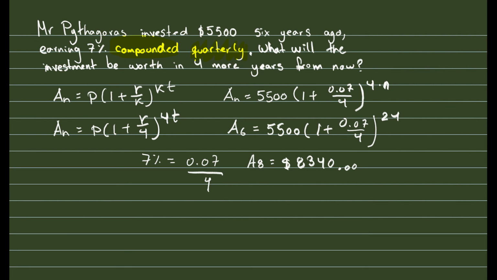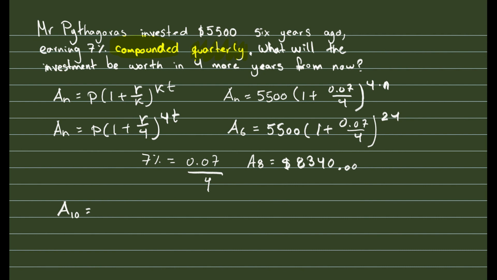But that is how much it's worth right now, if we invested it 6 years ago. If they want us to tell them how much it would be worth in 4 more years from now, that would be a total of 10 years. If there are 4 compounding periods per year, 4 times 10 is 40, so the money is going to be compounding for 40 periods total. Let's find the amount after 10 years.